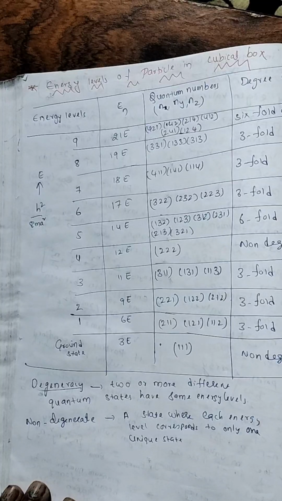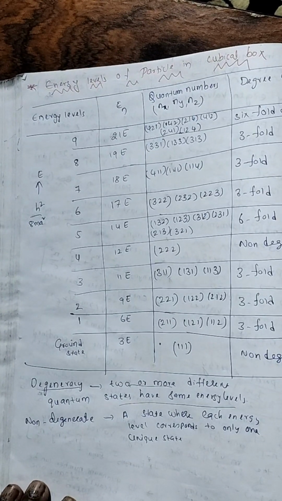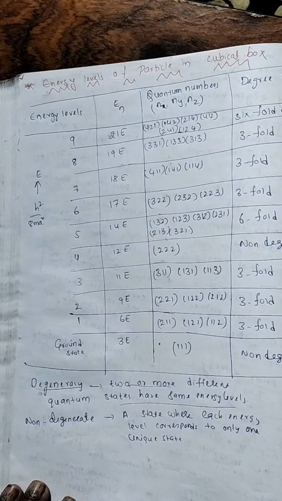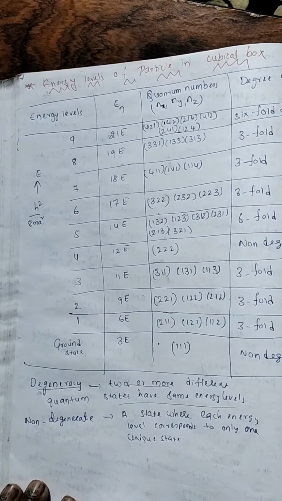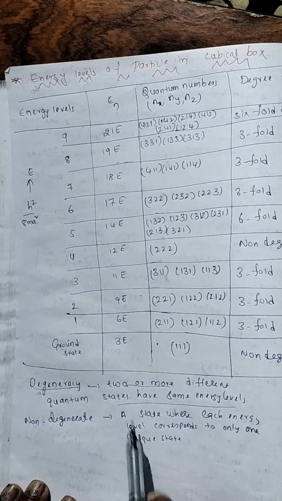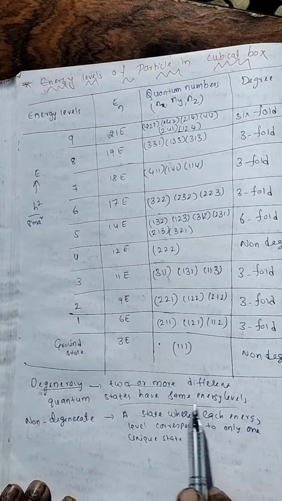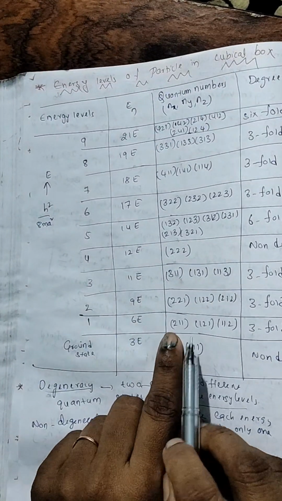Degeneracy means two or more different quantum states have the same energy levels. In nx, ny, nz, two or more different states will have the same energy levels.